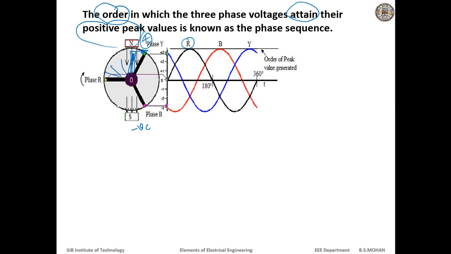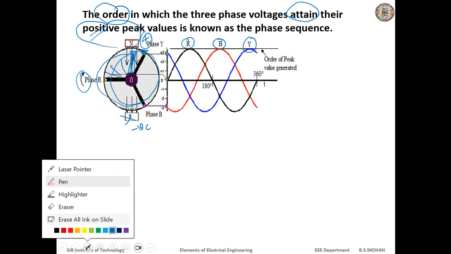After R leaves the north pole, based on this direction, we get phase B. After phase B, we have phase Y coming under the north pole. Why am I considering the north pole? Because they have told us it is the positive peak and not the negative peak. So this is how we understand phase sequence.